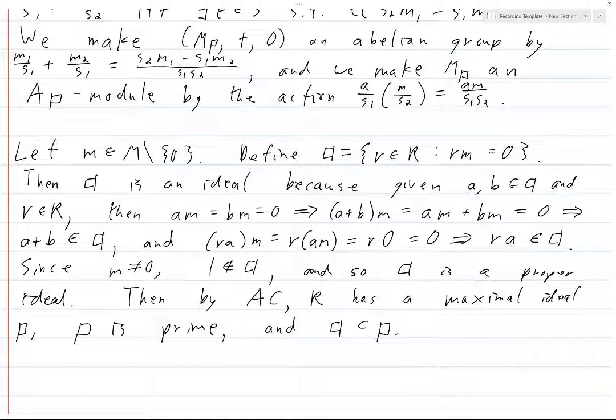It wasn't so much in finding P, because that was basically half a sentence: hey, axiom of choice, R has a maximal ideal P, and P is prime. What we really needed to do was to prove that the annihilator of M is contained in this maximal ideal, so long as M is non-zero.